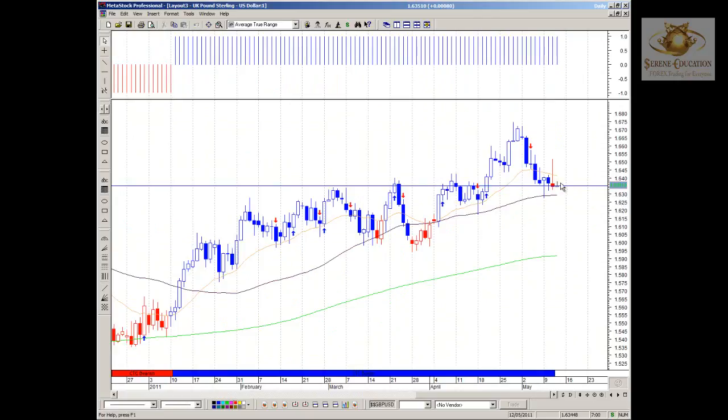So are we going to see a potential consolidation take place, or are we going to see price break through and continue to the downside? Yesterday's candle saw a lot of upside movement on inflation reports from Governor King, and then we've seen it all being taken back as price traded through the US session.